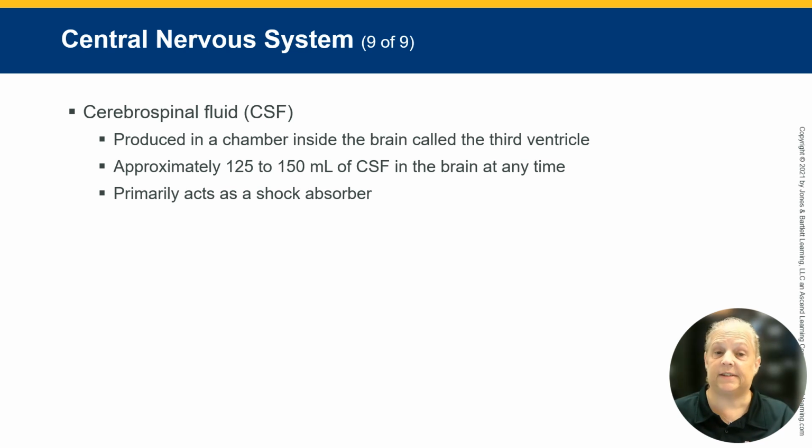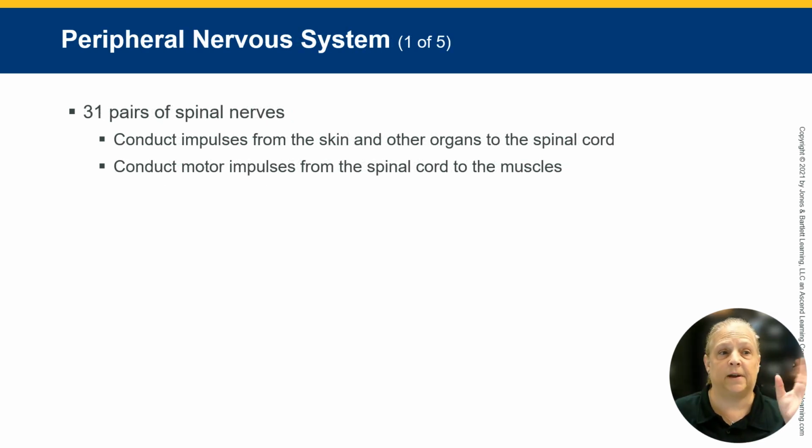We have CSF, cerebral spinal fluid. We have between 125 and 150 milliliters of CSF in the brain at any given time. It is produced inside the 3rd ventricle. It's a chamber inside the brain. It acts like a shock absorber. You have 31 pairs of spinal nerves.